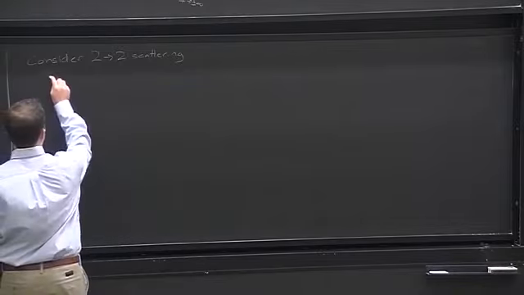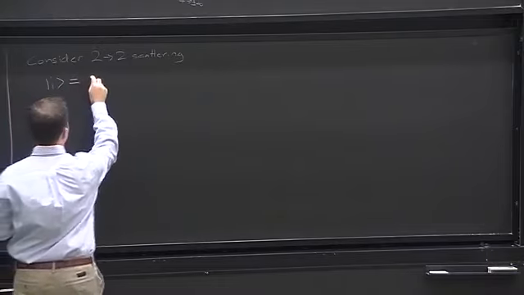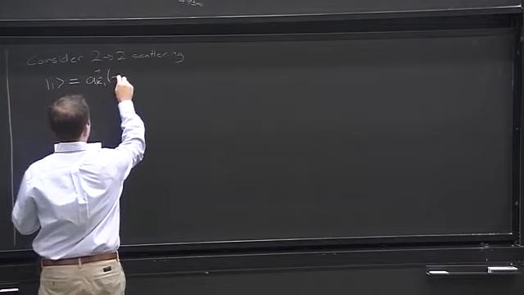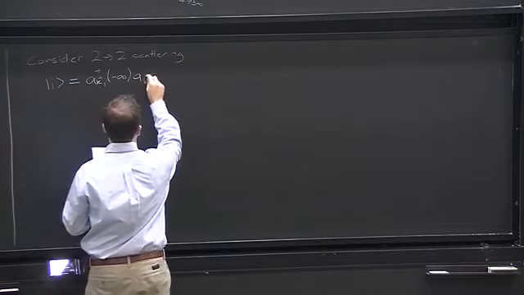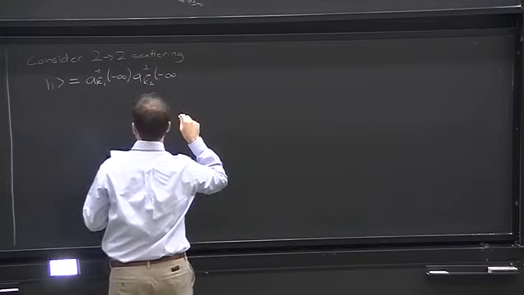And so that means we're going to consider our initial state to be a state where in the far past we have two particles with momenta k1 and k2.